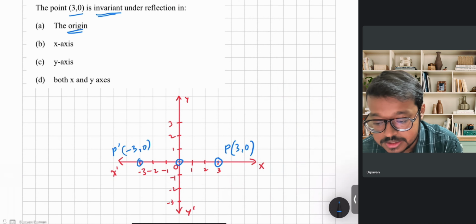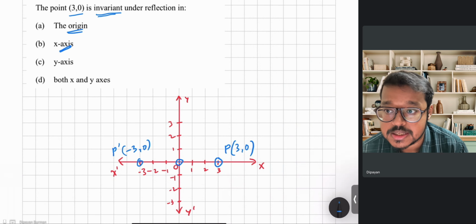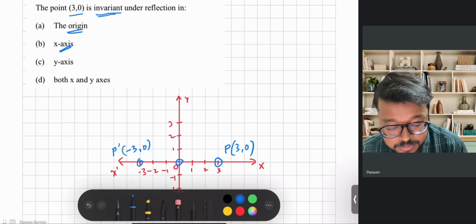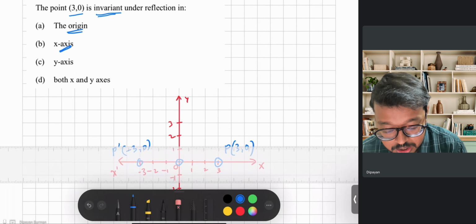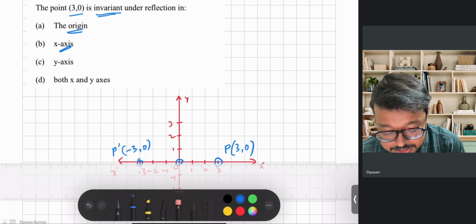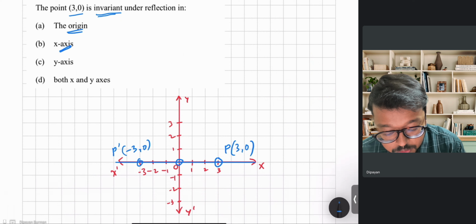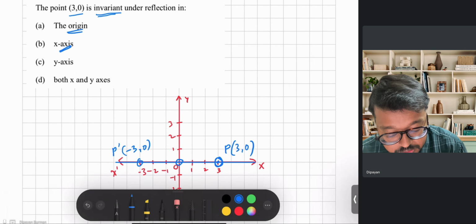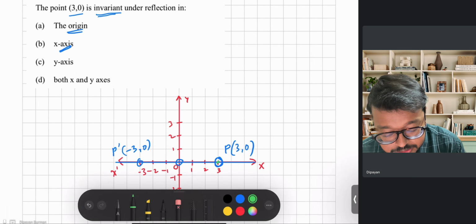So if I take the x-axis, the next option, as the mirror, and my object is at P. So suppose x-axis is acting as my mirror and my object is at P itself, so this is my object at P and this is my mirror.